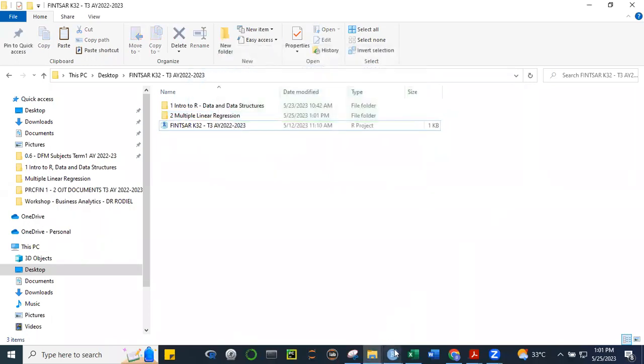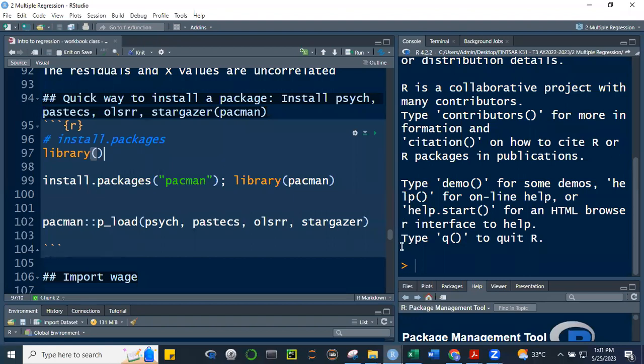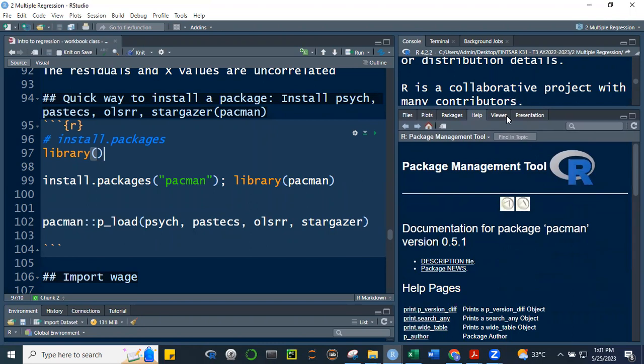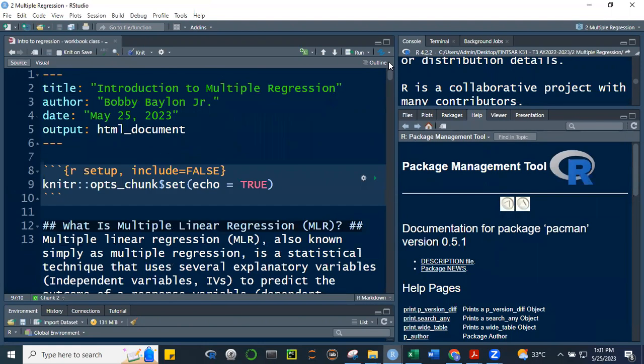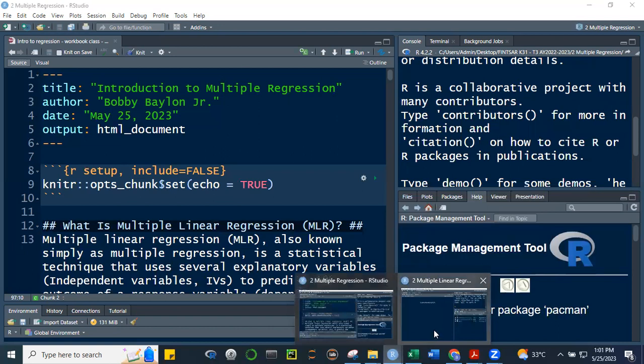Okay, and if we open R now, okay, we can now see that dalawang instance ng R na yata nakabukas.